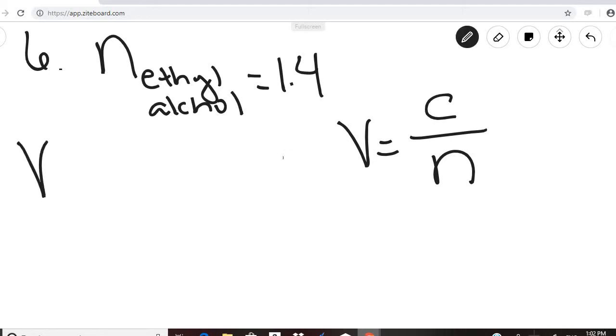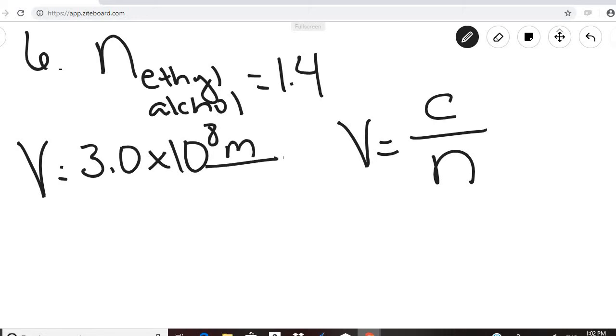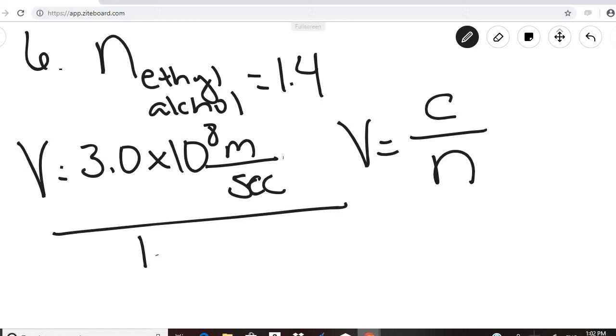Okay, so v is equal to the speed of light in air, which is 3.0 times 10 to the 8 meters per second, divided by n, which we were given as 1.4. The index of refraction has no units, so the units that we'll end up with are meters per second.